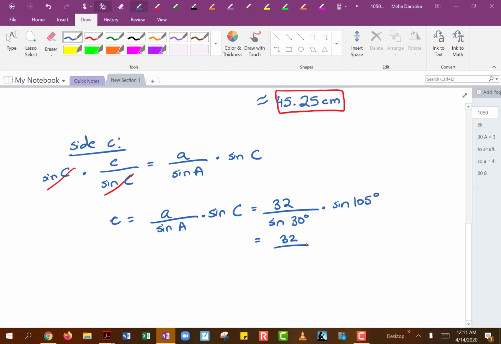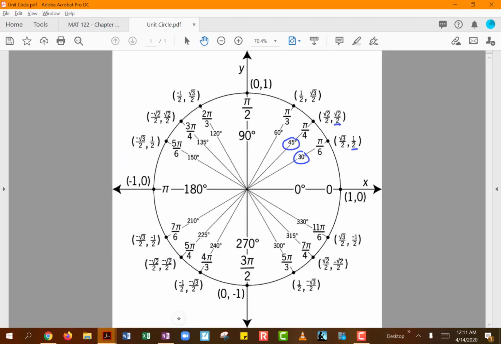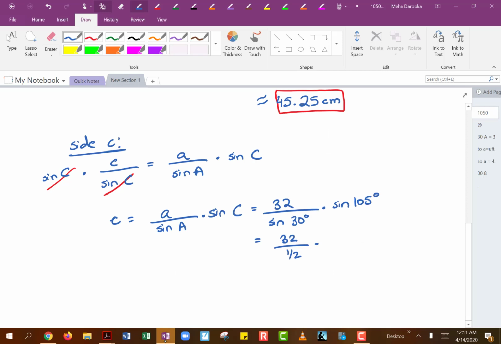So again, we know sine of 30 degrees is going to be 1/2. Now, sine of 105, of course, you can see 105 is not one of the standard angles that we have. So you will actually need to just put that in your calculator and see what you come up with.